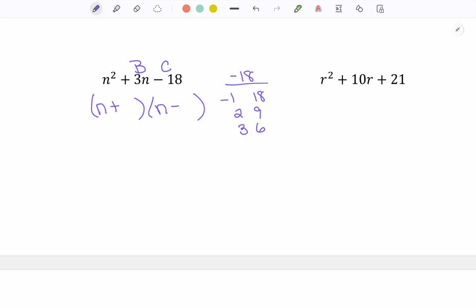So we're looking at our smaller factors being negative. So that's 1, 2, and 3. So negative 1 plus 18 is 17. Negative 2 plus 9 is 7. And negative 3 plus 6 is 3. So that is the factor pair that we need. So we have n plus 6 and n minus 3.